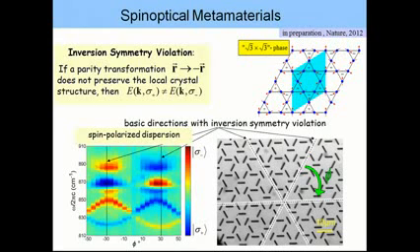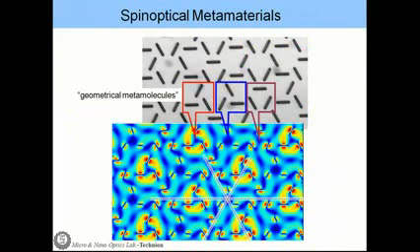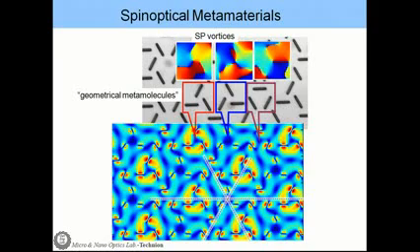There is very good agreement with a basic direction with inversion symmetry violation. So we know from physics that if a parity transformation, R to minus R, doesn't preserve the local crystal structure, then we will have a spin-dependent dispersion or spin split dispersion. We calculated the surface waves, the Bloch modes, by using a vectorial calculation, and you can see here our structure consisting of 3 geometric meta-molecules, where the meta-molecules excited surface plasmon vortices with different vorticities.